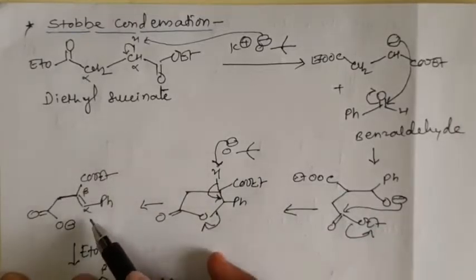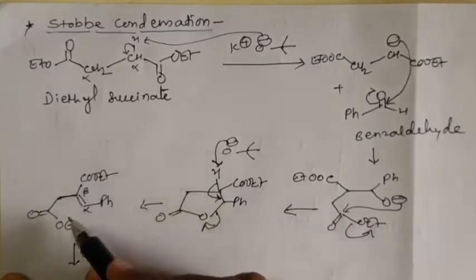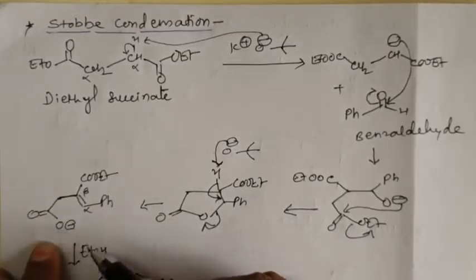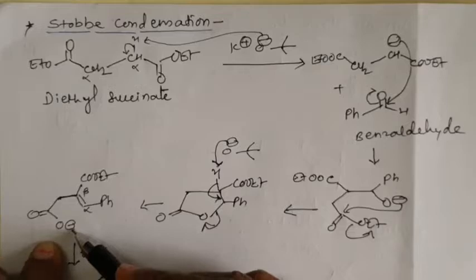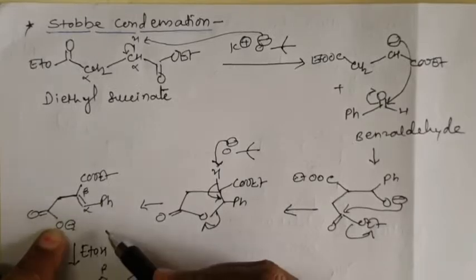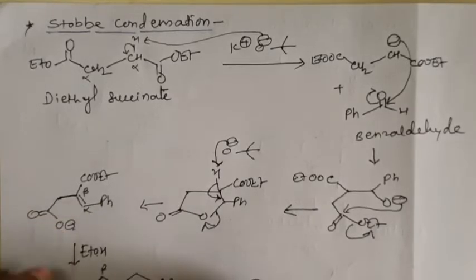So here a double bond is formed between these two carbons, the alpha and beta carbons, and here O minus is generated. Now in the presence of solvent it takes a proton and becomes OH. So here we get the alpha beta unsaturated carboxylic acid. This compound and this compound are the same, we have just rearranged it.